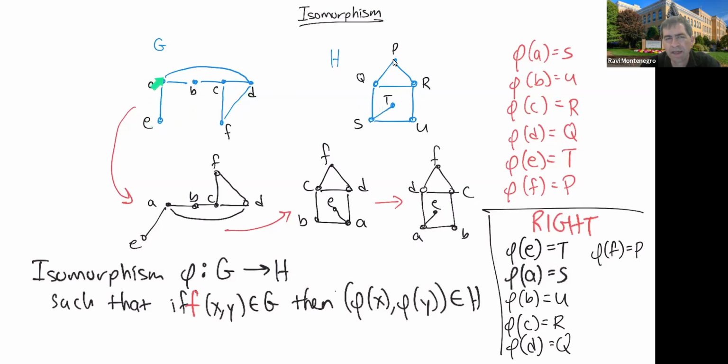That was next to A, so that A had to pair with S. And I kept on continuing this way. I keep building out from what I know and making sure that I pair it up with the correct corresponding term on the right. So again, degrees are helpful. You have to preserve degrees, but it's not good enough to just match up 2s and match up 3s and so on.